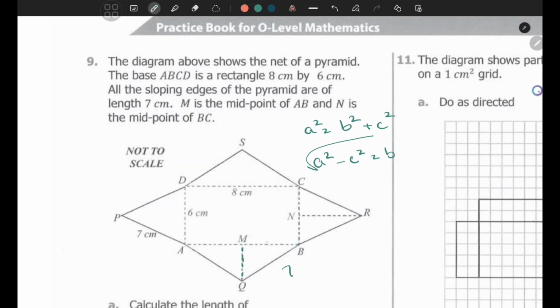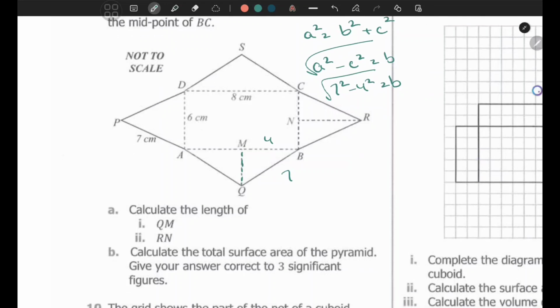So here we would have 4 because this is the midpoint of this length, so we get 7 squared minus 4 squared under root is equal to b, which gives us QM. And when we're talking about RN, we will have under root 7 squared minus 3 squared because that is the half of 6.